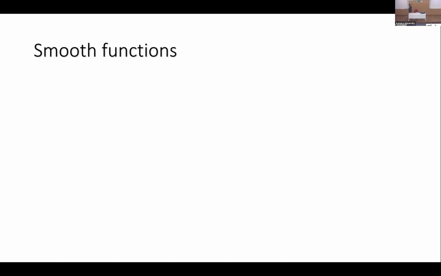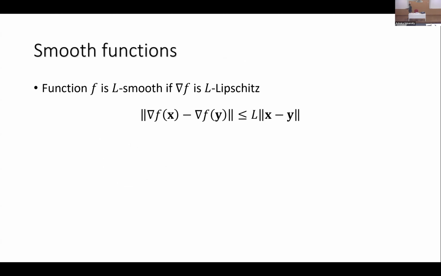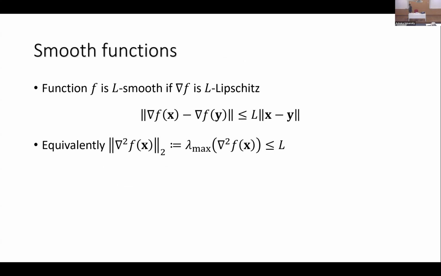And then smooth functions are those whose gradient is Lipschitz. So the gradient does not have sudden jumps, right? The definition is like this: norm of gradient f(x) minus gradient f(y) is less than or equal to L times norm of x minus y. Equivalently, the norm of the second derivative, the Hessian, which is the largest eigenvalue of the Hessian, is less than or equal to L. Hessian is a matrix, right?